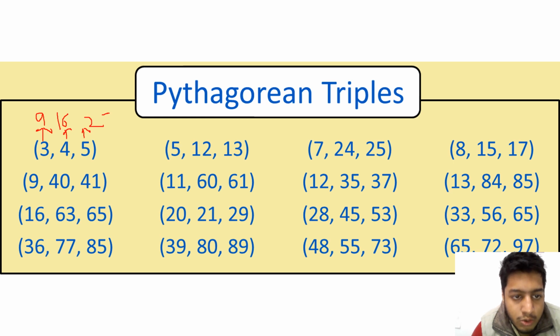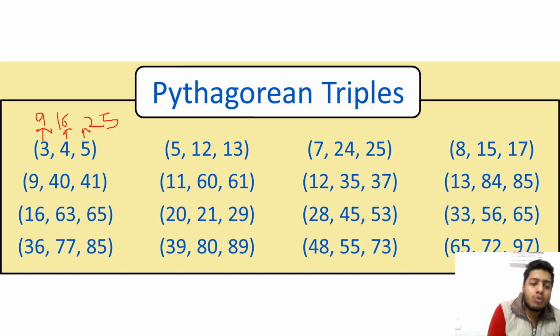For those students who do not know what is square, square means multiplying the number by itself. For example, I wrote 9 above 3, which means 3 times 3. The square of 3 is 9. Likewise, the square of 4 is 16, and the square of 5 is 25.